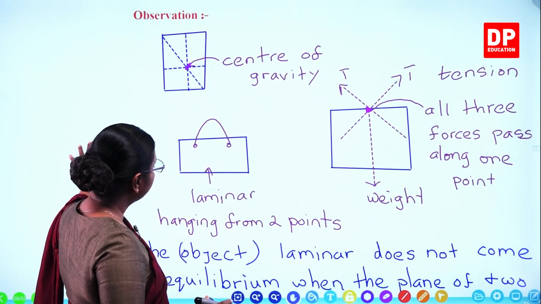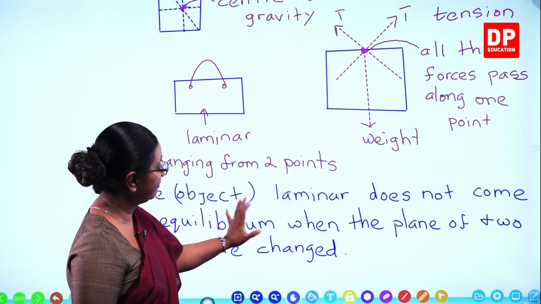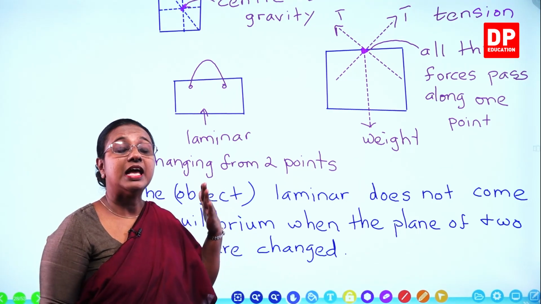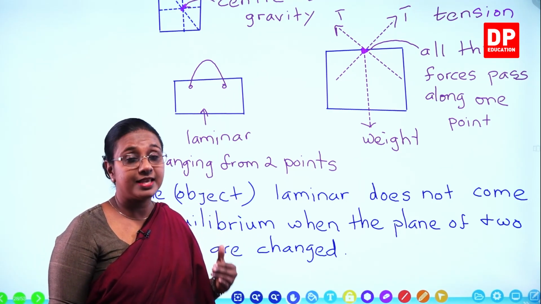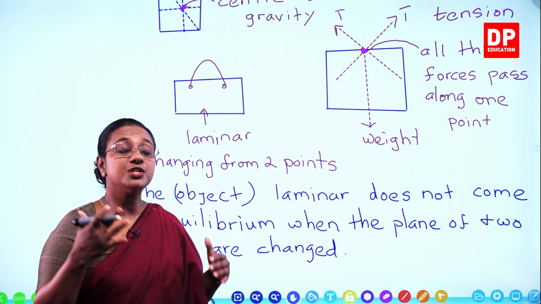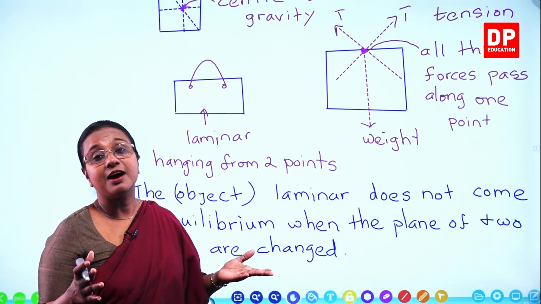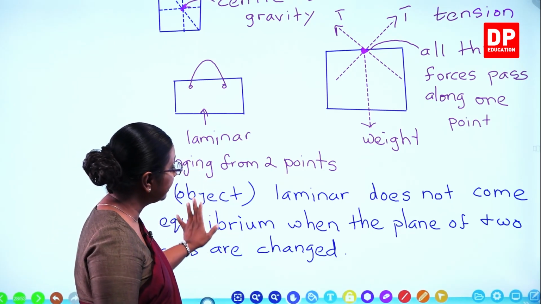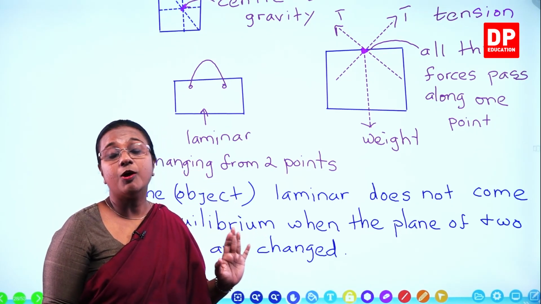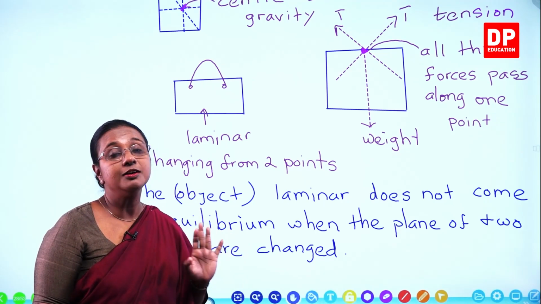And also from this part of the activity we can confirm that they all have to be on the same plane. If two forces or at least one force is changed to another plane, then there will be no equilibrium like this. So they have to be on the same plane, coplanar forces.